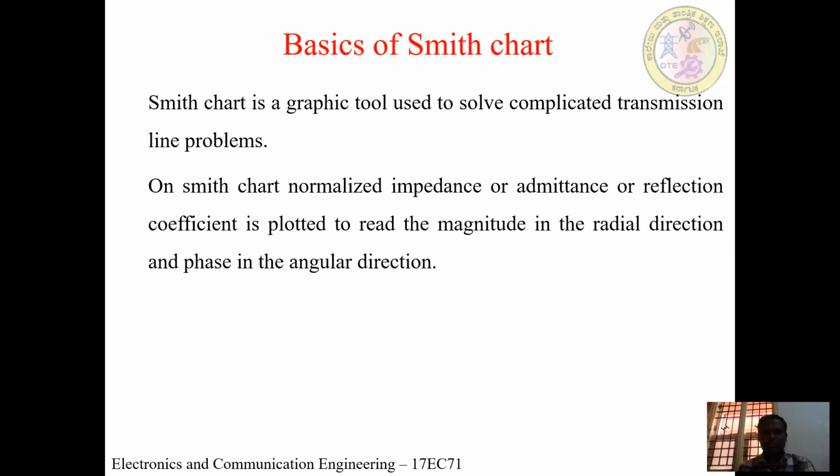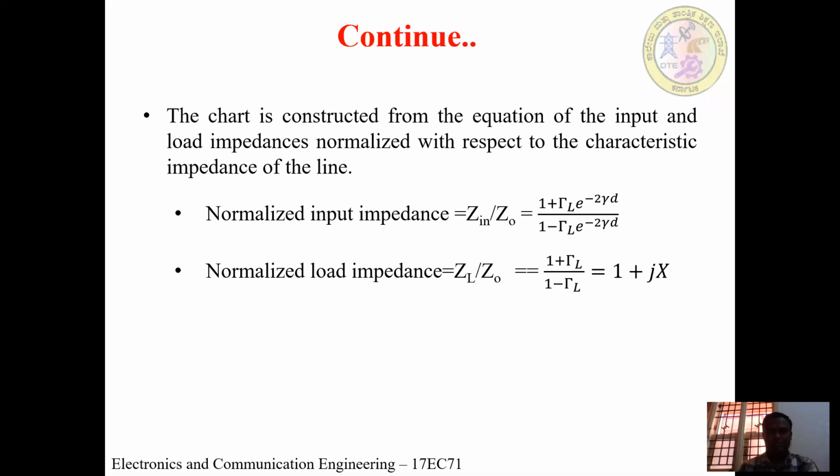Basically, the Smith chart is used to find the impedance or admittance or reflection coefficients in a graphical method. This chart is constructed from the equation of input and load impedances normalized with respect to the characteristic impedance Z0 of the line. Zin divided by Z0 gives the normalized input impedance.